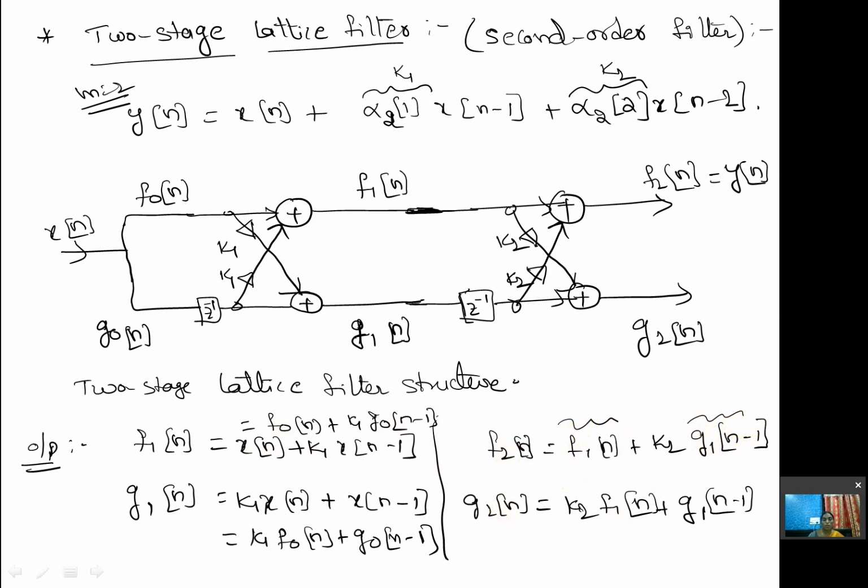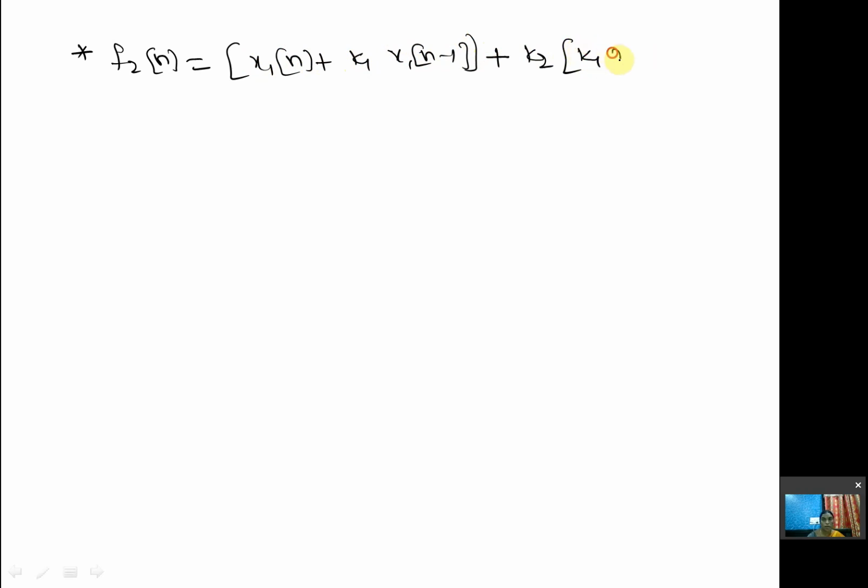Then you can get the F2 of n is nothing but what is that? Y of n. Okay, right? That means F2 of n is nothing but F1 of n, which means x1 of n plus K1 x1 of n minus 1, plus K2 G1 of n minus 1, which is nothing but K1 x of n minus 1 plus x of n minus 2.